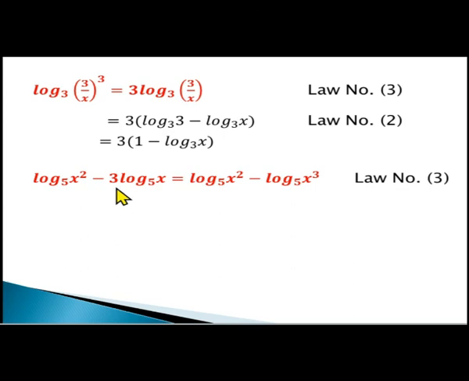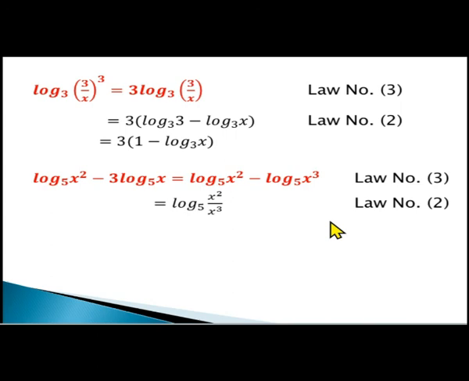So first, we should apply our third law. The numerical coefficient 3 should be written as an exponent of the logarithm. So you have the logarithm of x squared with base 5 minus the logarithm of x cubed with base 5.